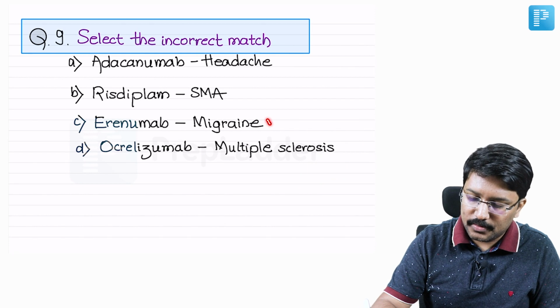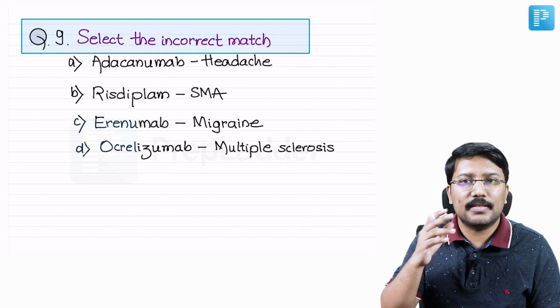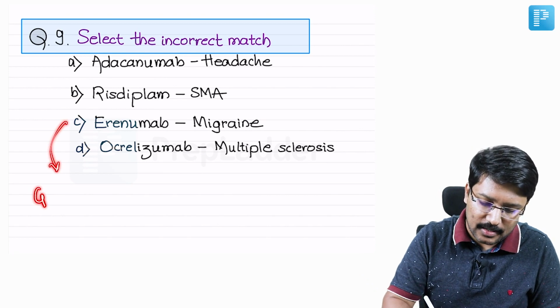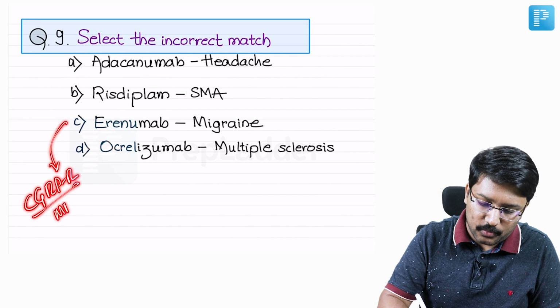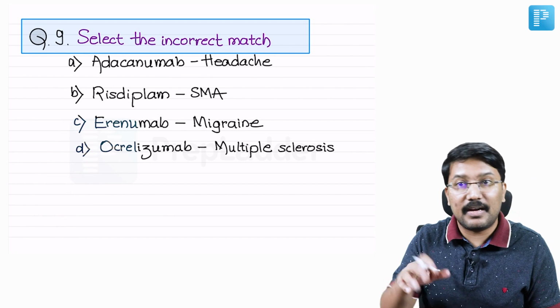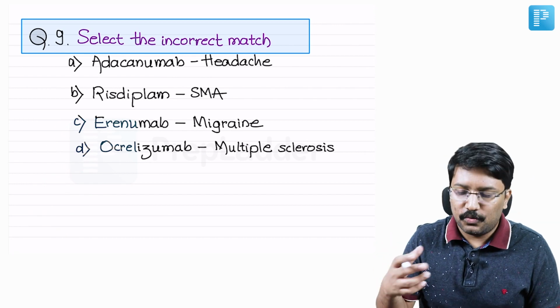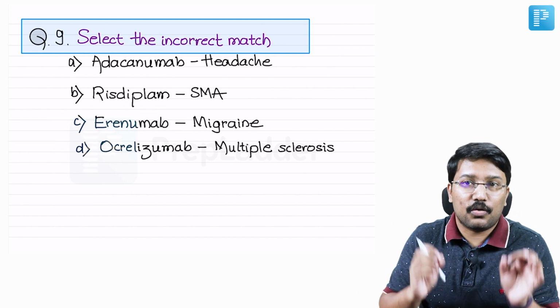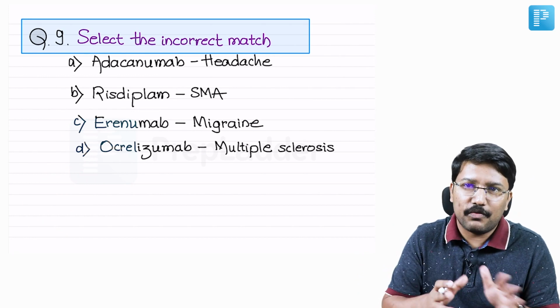Now, erenumab with migraine, yes, this is used for migraine. So this is also a known fact, right? This is a monoclonal antibody directed against the calcitonin gene related peptide receptor. We already know that in migraine pathogenesis, the role of calcitonin gene related peptide is now well established.